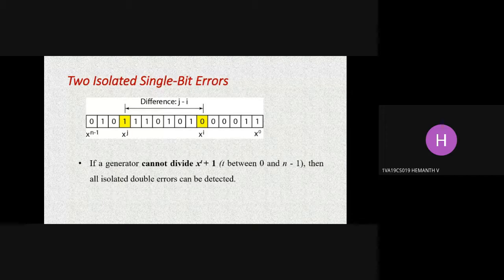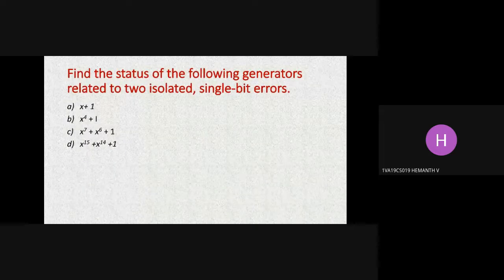Now, just remember this point so that you can solve the problem. So now the given question is, find the status of the following generator related to two isolated single bit errors. Here 4 different generators are given. The question is, which of the generators given here will detect two isolated single bit errors.